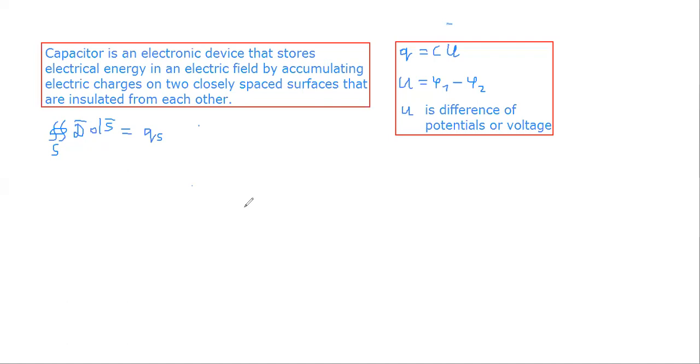There are three most common types of capacitors. They are a parallel plate capacitor, cylindrical capacitor, and spherical capacitor.